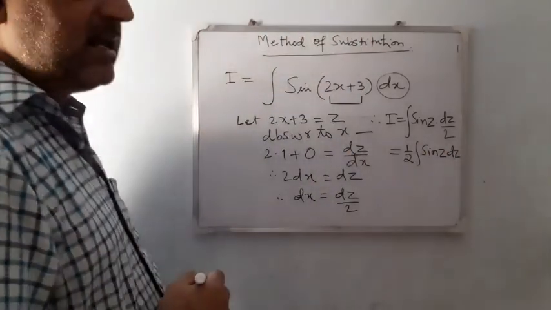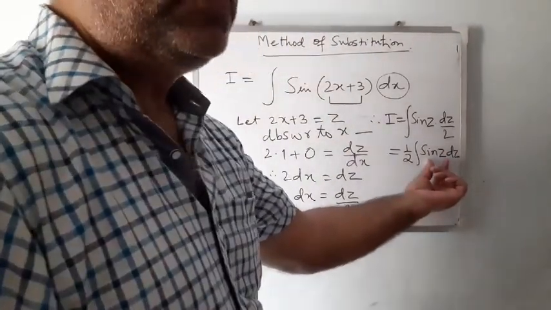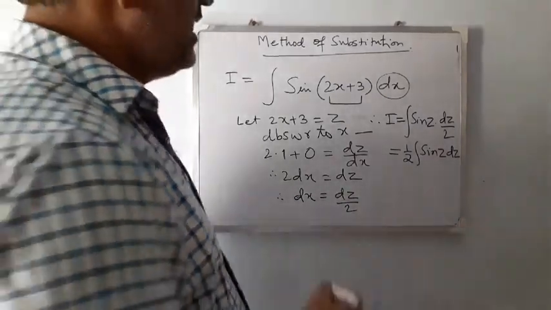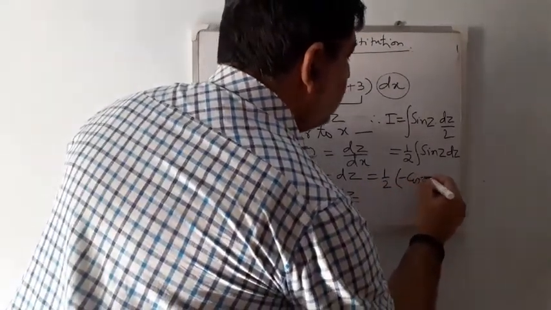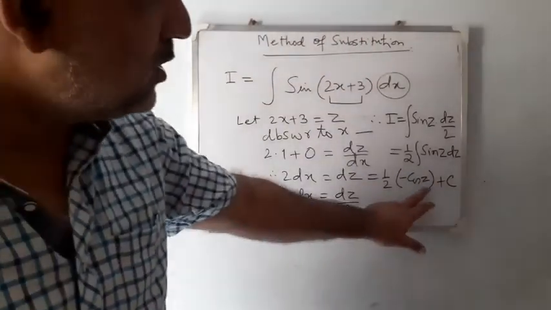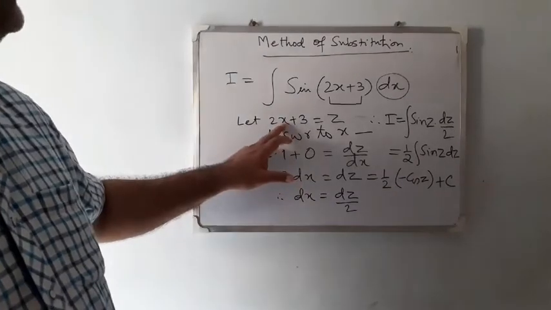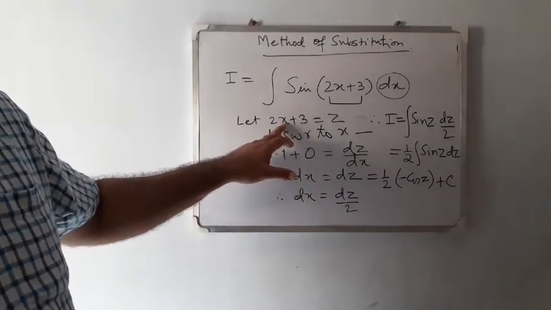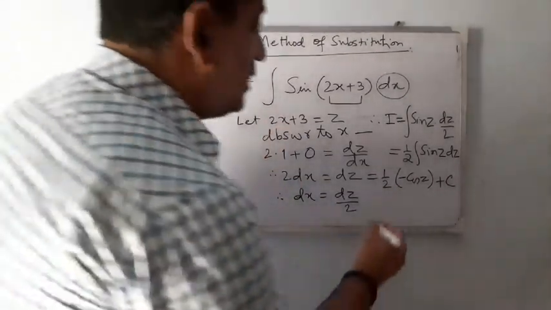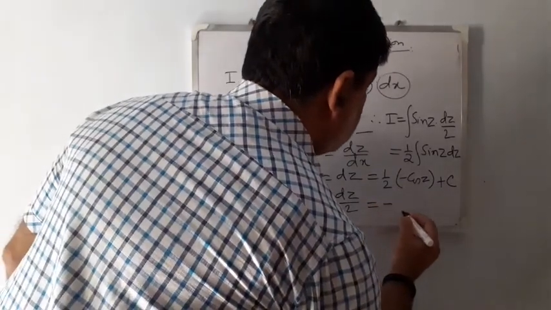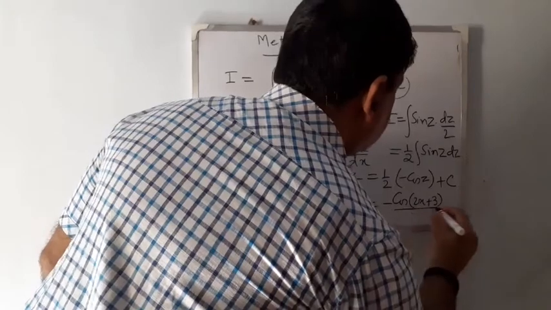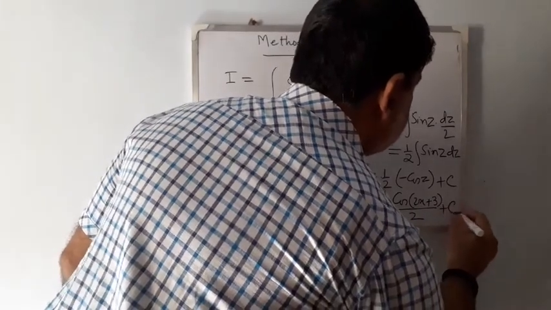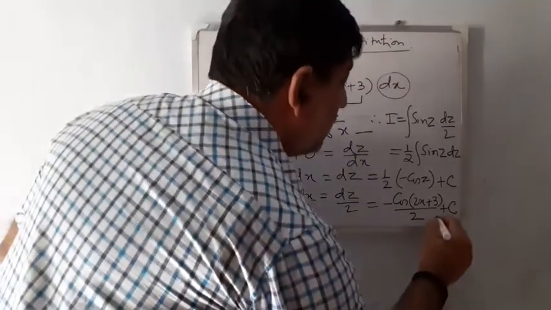And further, the integral of sin z, you know, becomes minus cos z. So half into minus cos z plus c. Now put down the value of z, whatever you have assumed, that is z is equal to 2x plus 3. So we have minus cos of 2x plus 3 by 2 plus c. So this will be our answer.